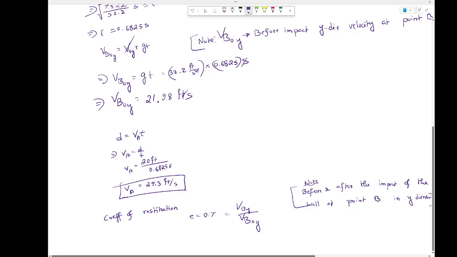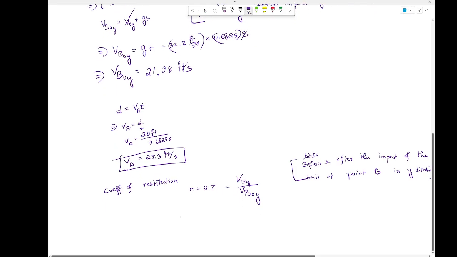Now what you're going to do, you're going to rewrite this whole thing as BVY equals 0.7.